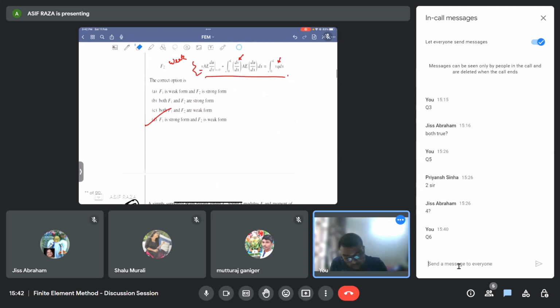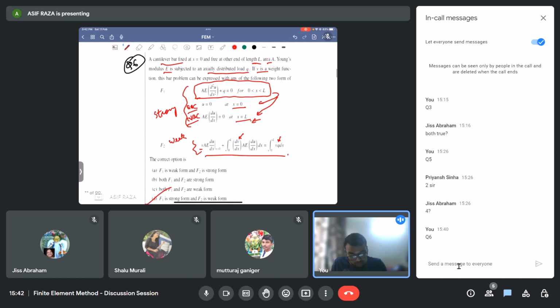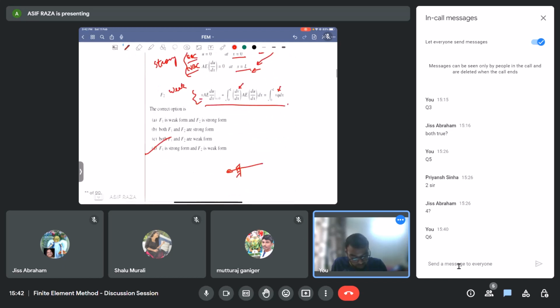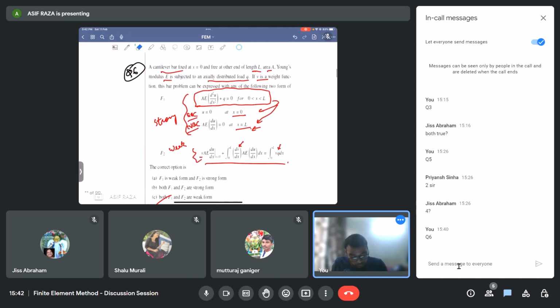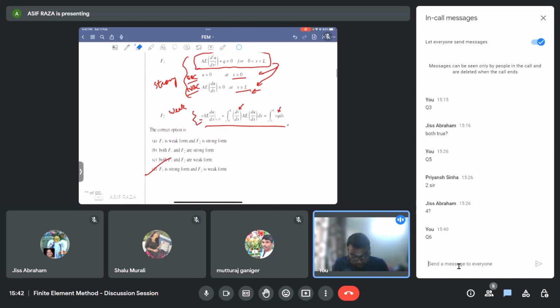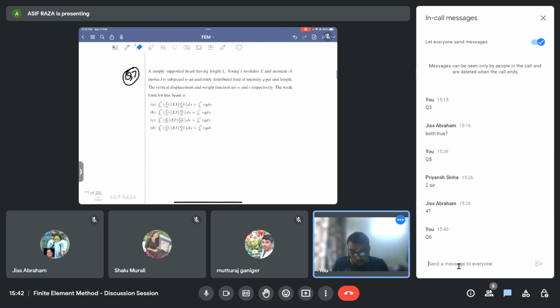That would be saying you are fixing here, not allowing it to displace, and you are applying load over here. So what will happen to this equation? Nothing. You are not doing anything to it. So this should not be the case. Okay, so now let's move on to the next question.